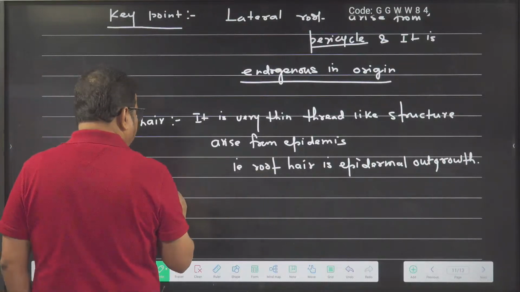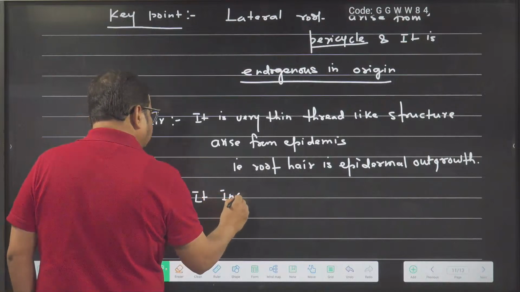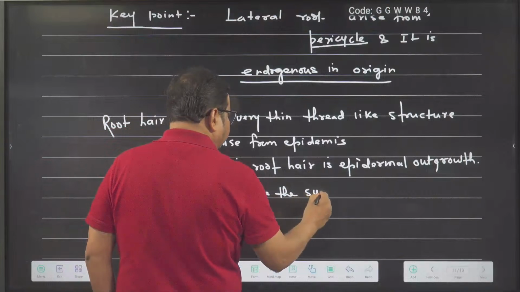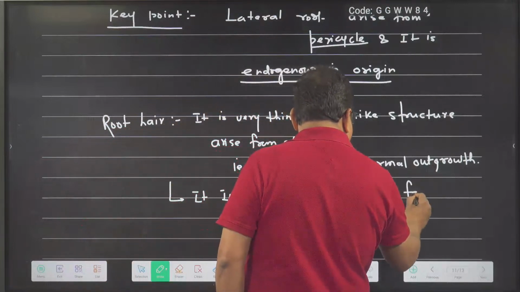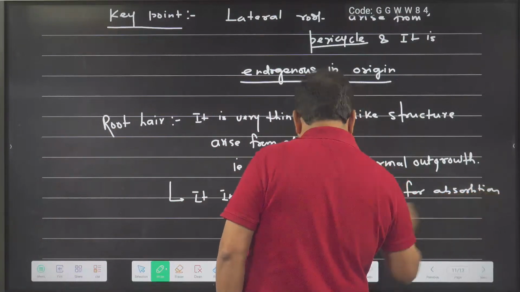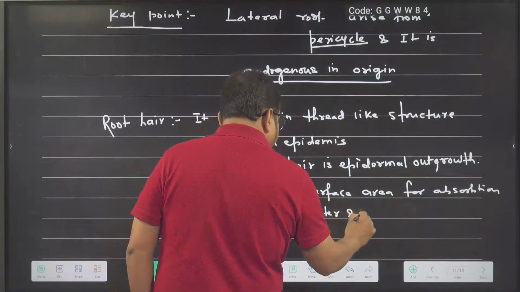It is epidermal outgrowth, and it increases the surface area for absorption of water and mineral.